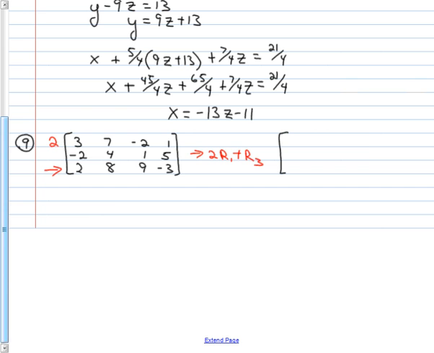Now, what does the first line of my answer look like? Stays the same. 3, 7, negative 2, 1. What is the second line? Stays the same. Negative 2, 4, 1, 5. And now we finally do a little bit of math. 6 plus 2, 8. 14 plus 8. How much? 22.